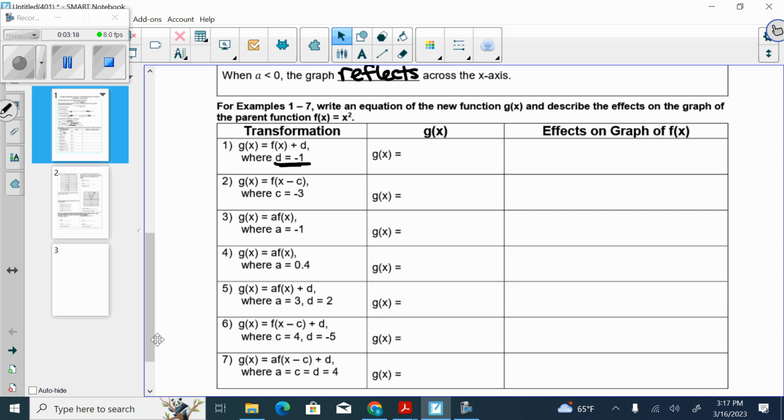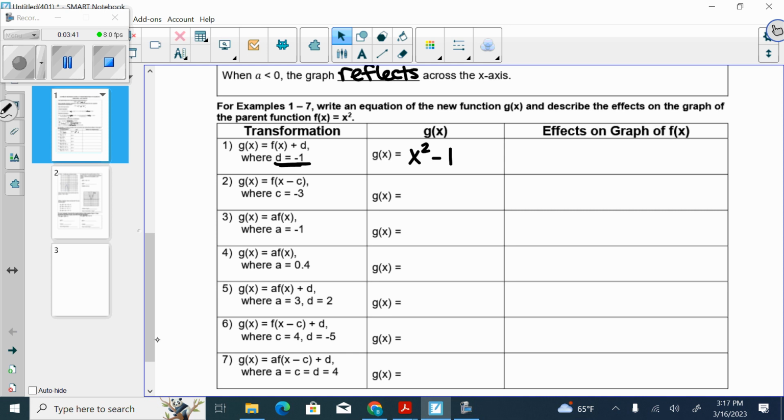Does it say there's anything else happening in this equation? So I'm just going to put my x squared, and then on the end, what am I going to put? Negative 1. Very good. Okay, what does that minus 1 mean is happening on our graph? Remember D, that was the first one we wrote down.